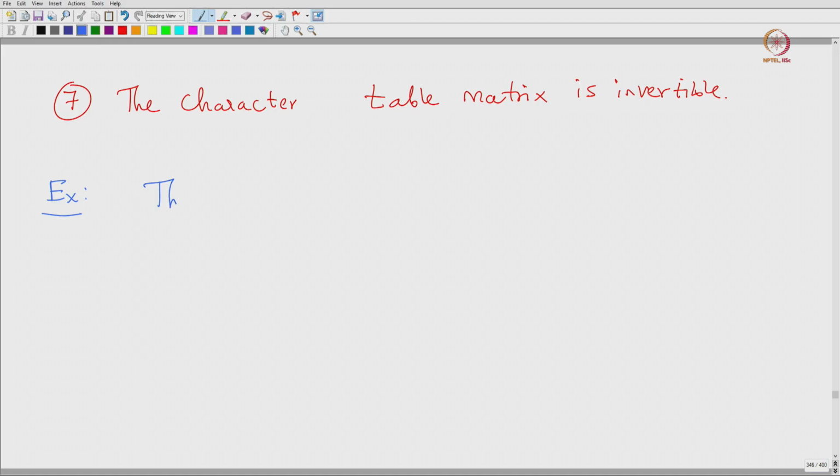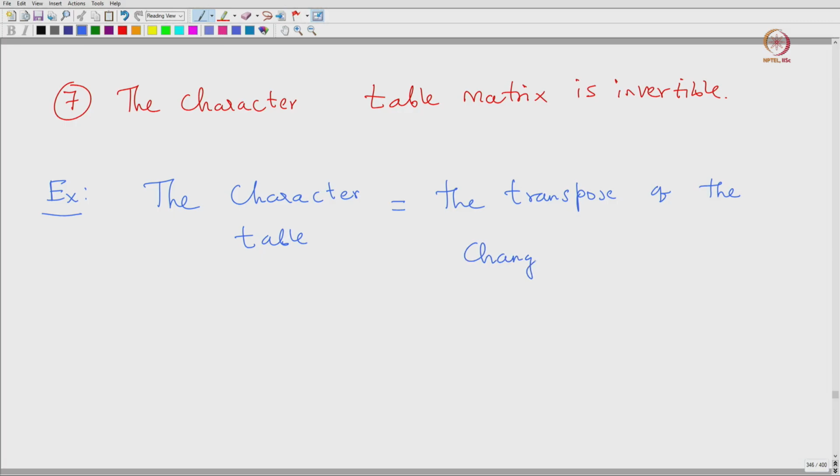So, the character table, we are talking about the matrix, is in fact the transpose of the change of basis from the basis chi 1 etcetera chi s to the basis delta C1 etcetera delta Cs.